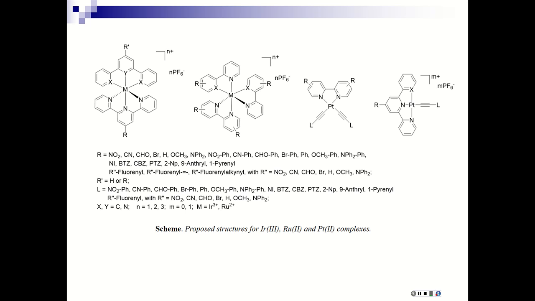Returning back, when you're saying the difference between these complexes, without going into the details of the structure, is the coordinated bond stronger with ruthenium than with iridium, or backward? Let's say for the same ligands.